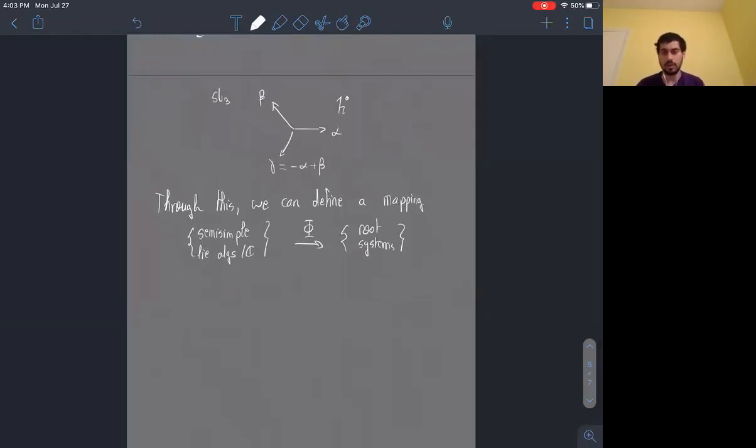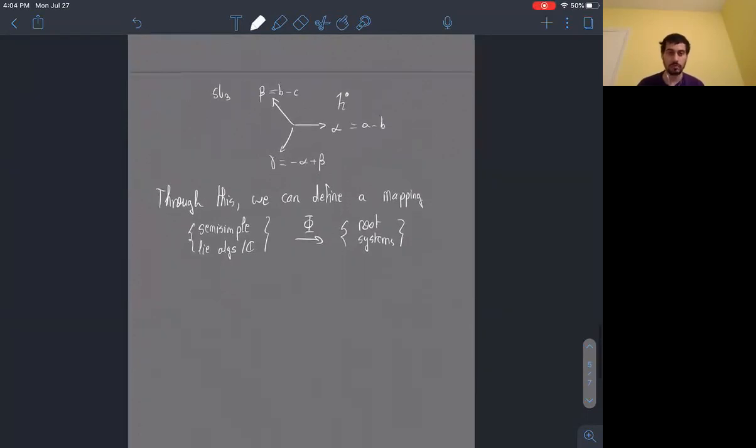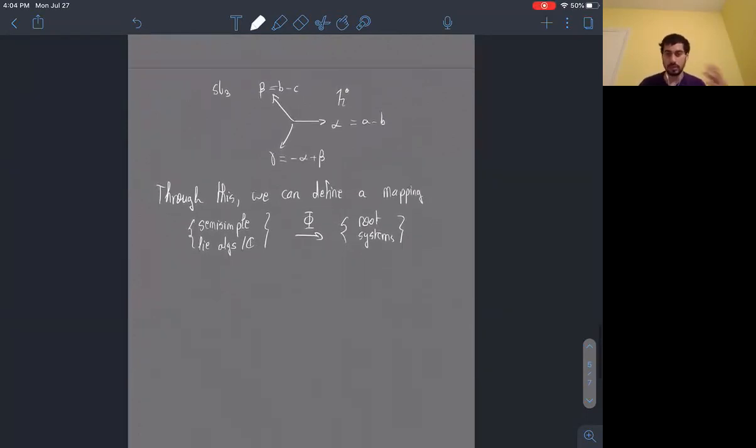If we call them A, B, and C, then alpha is A minus B, and beta is B minus C. And then alpha plus beta is A minus C. So you get all combinations of A, B, and C where one of them is positive and one of them is negative, like B minus A, C minus B, A minus C, and C minus A. So they're not too crazy. Yeah.